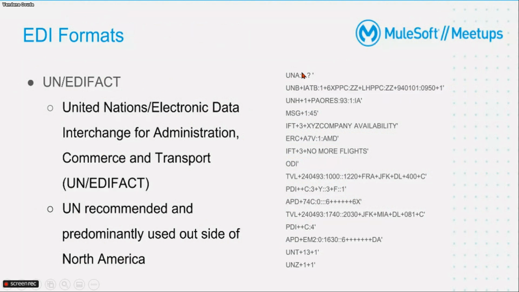This is similar to X12, but it follows a different structure, starting from UNA and ending with UNZ, with UNB, UNT, UNH and so on. Okay, this is the structure. I took this from Google. You can see how X12 starts from ISA, and how EDIFACT starts from UNA. This is how the format looks, and we need to understand which regions use EDIFACT.